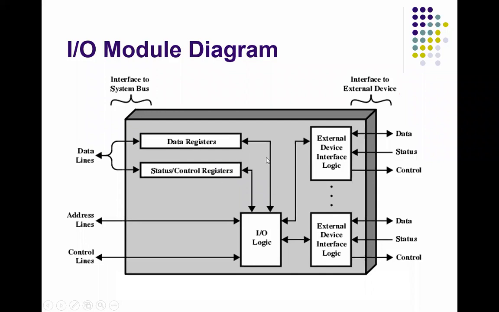It shows either you are reading data or writing data. How does it come to know whether it is read or write? By the control line. The control line issues a signal to read or to write, and from where you have to read and at what location you have to write, you get this information from the address line. This IO logic is connected with the external device interface logic.